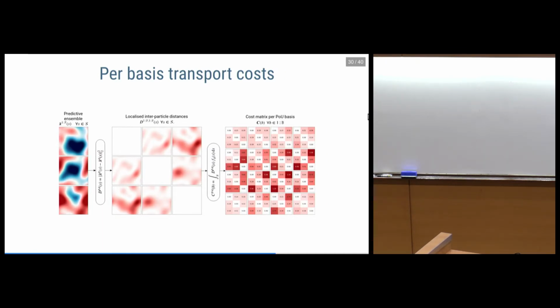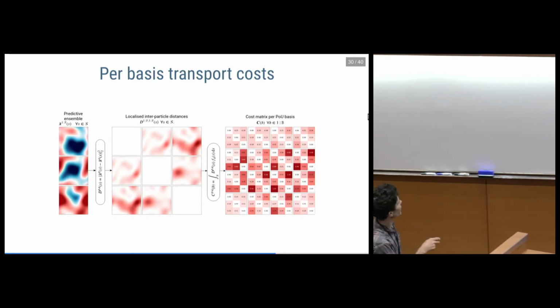We could look at the pairwise distance fields between each set of particles, and again integrate that against these basis functions to come up with cost matrices for each basis function. So here we've got a three particle system and, say, 16 different basis functions, so we have 16 three by three cost matrices defining the cost of transporting each of those patches.